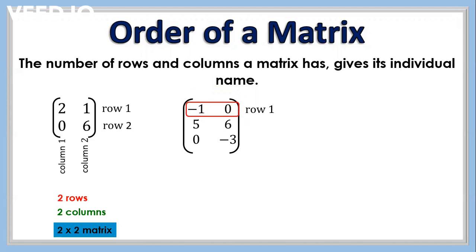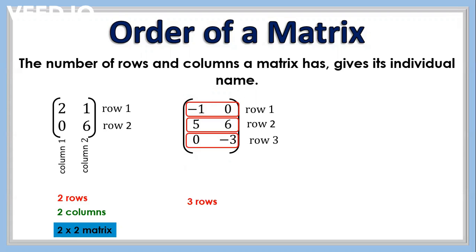-1 and 0 are members of the first row. 5, 6 are members of the second row, and 0, -3 are members of the third row. So this matrix has 3 rows.